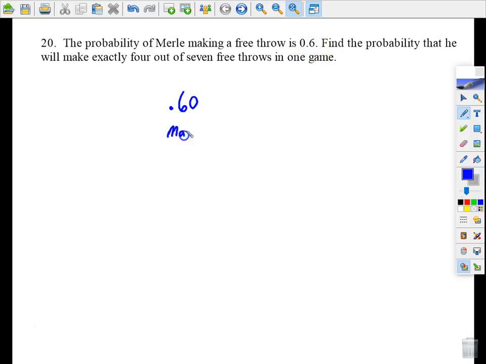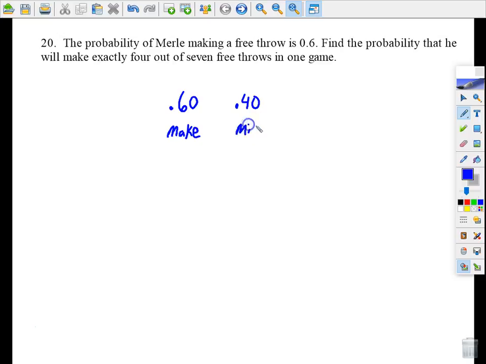When I'm working these out, I always like to write down the percentage that's given and label it. What does this refer to in the problem? Well, this is the likelihood he's going to make it. Right beside that, I need to write the likelihood of the alternative, which of course is missing.